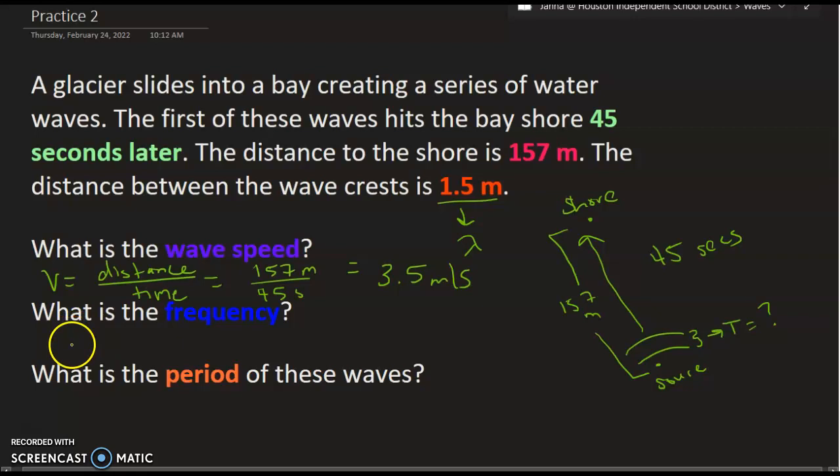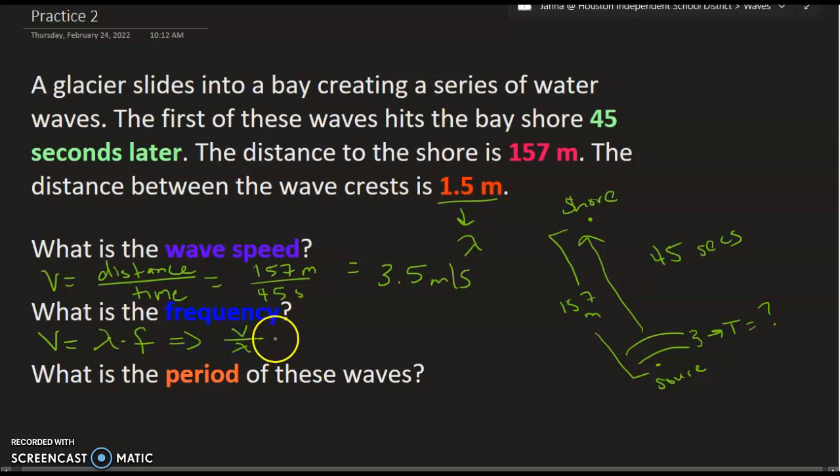What is the frequency? Well, now I know what the wave speed is, and I know that wave speed, in addition to distance over time, is also lambda times frequency. Wavelength times frequency is also the wave speed. So I can get frequency now.